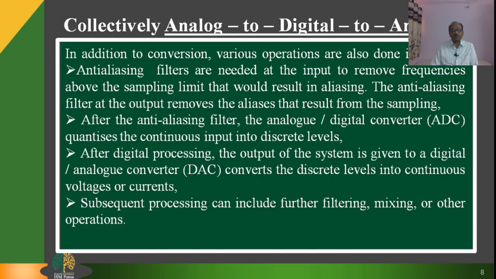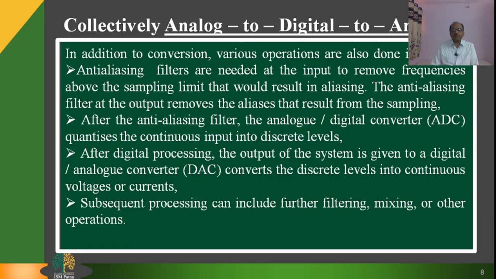and the anti-aliasing filter at the output removes the aliases that result from the sampling. So, after the anti-aliasing filter, the analog to digital converter quantizes the continuous input into discrete levels.